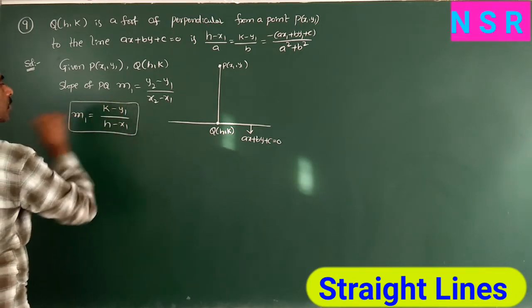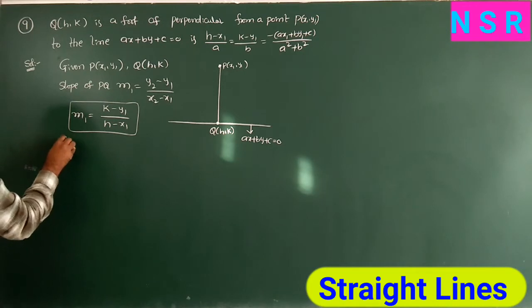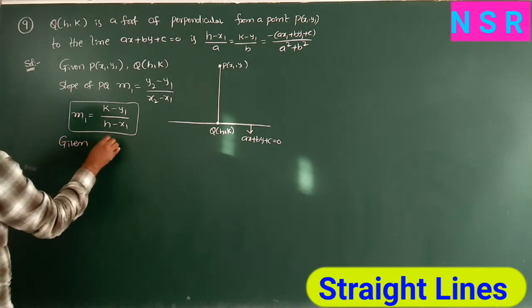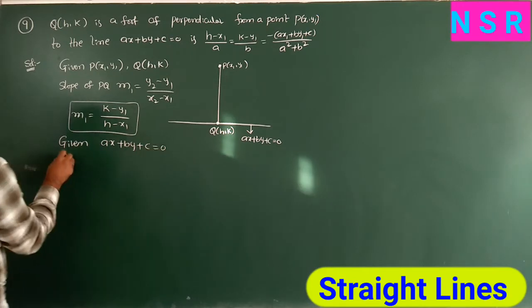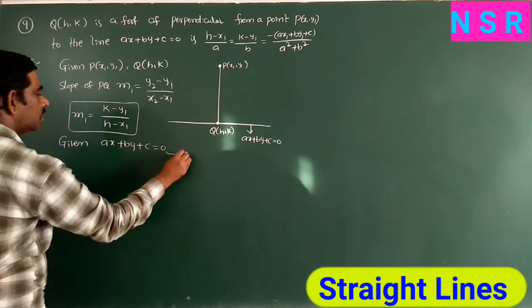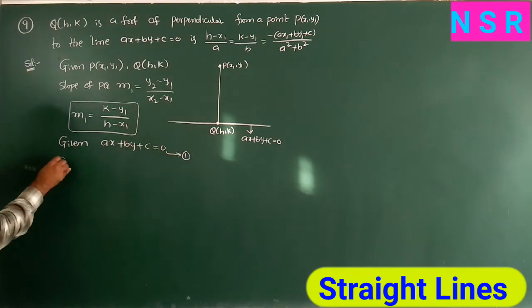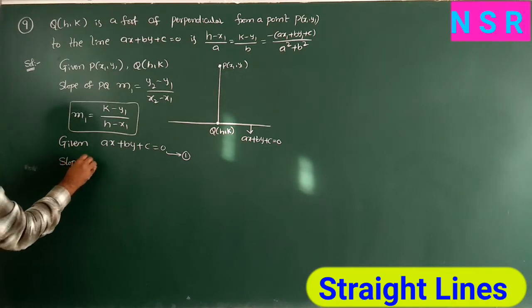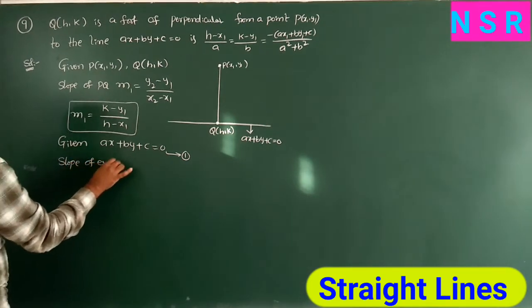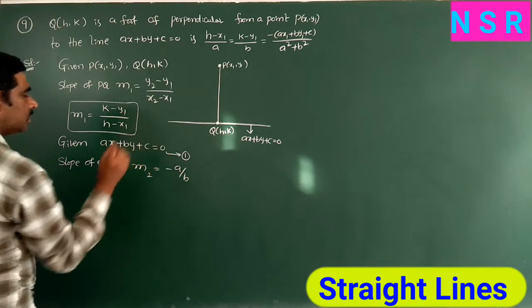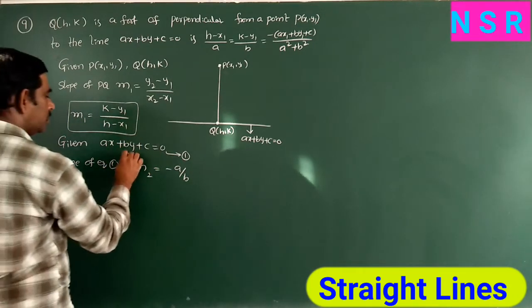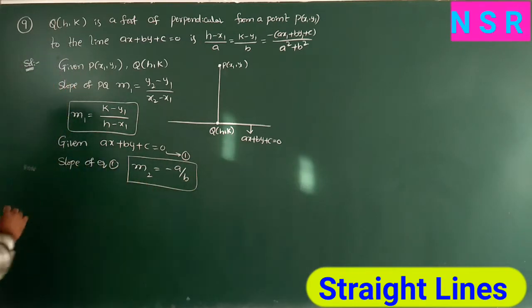This is the slope of PQ, and also given the line ax plus by plus c equal to 0. Take it as equation number 1. The slope of equation 1 is m2 equal to minus a by b.